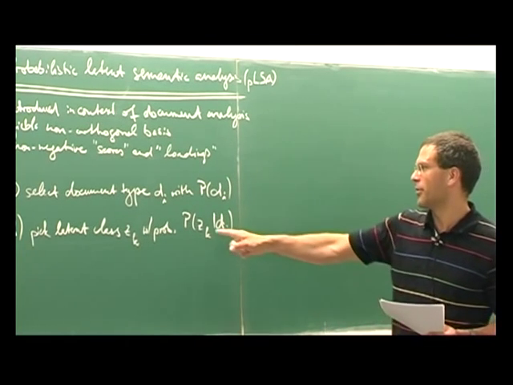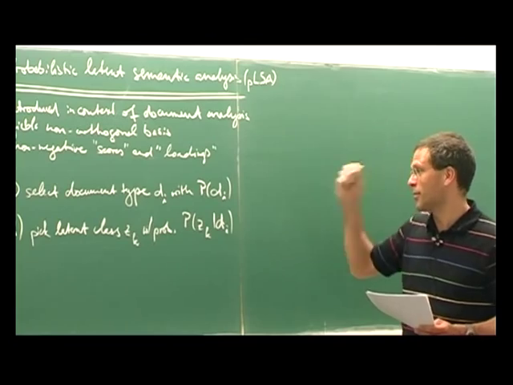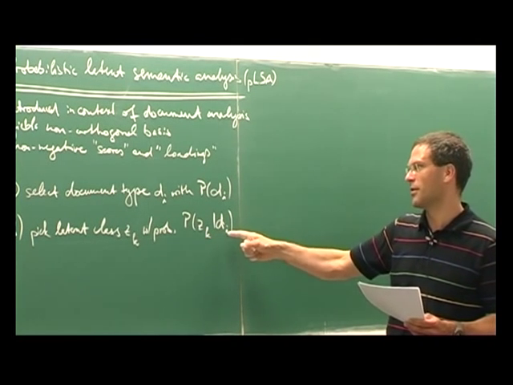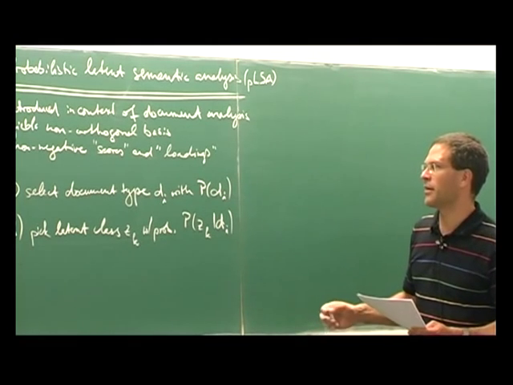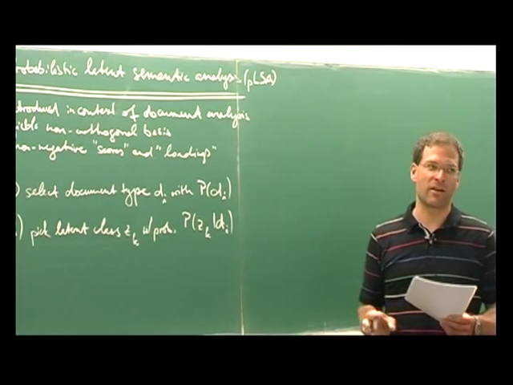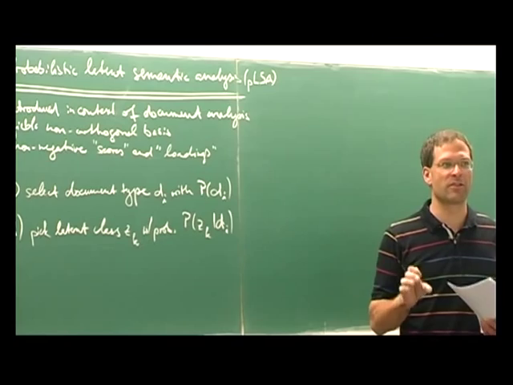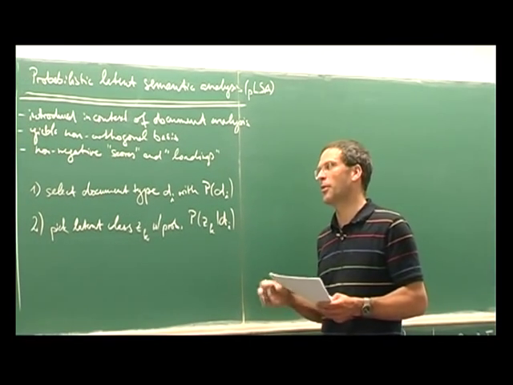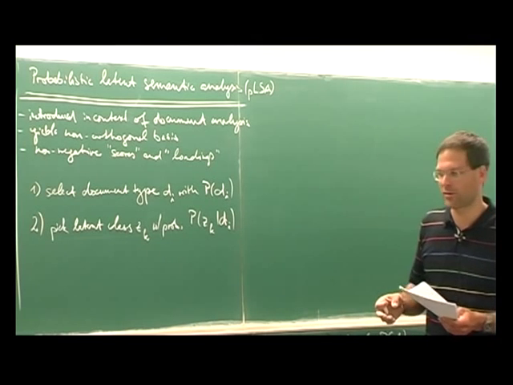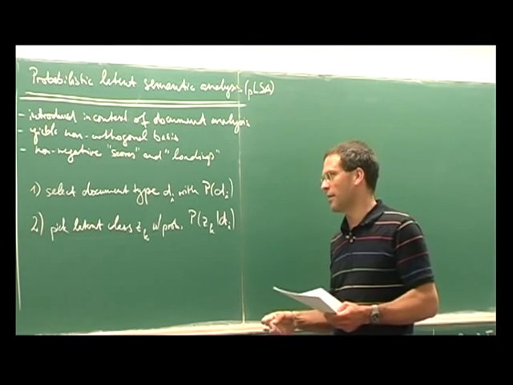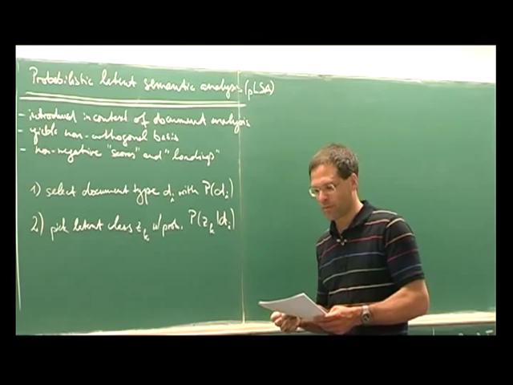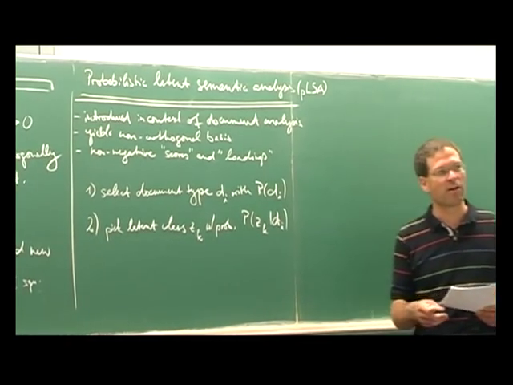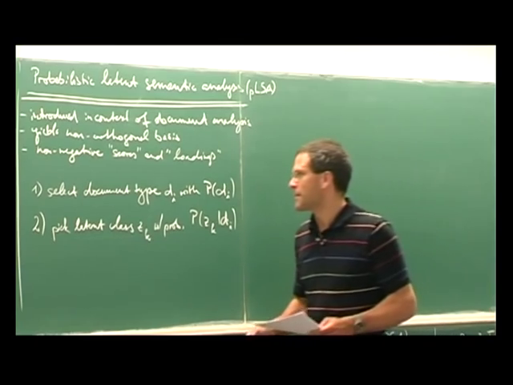Okay, so this is the probability of a latent class given your document type, and how many latent classes you have is something that the user must specify in advance. So you have to put in, when you analyze a corpus of documents, how many latent classes you're looking for. And normally this number is much, much smaller than either the number of documents or the number of words.